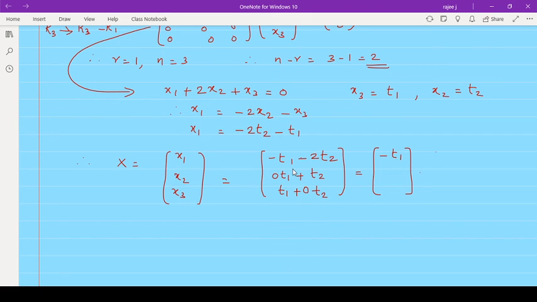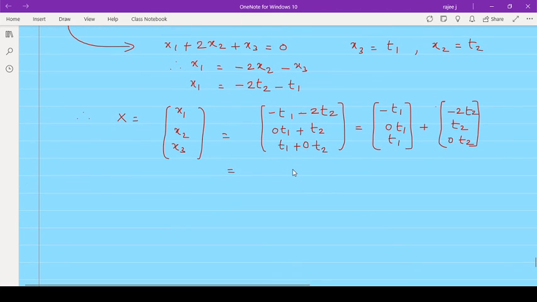So minus t1, 0 t1 and t1, and minus 2t2, 1t2 and 0t2. In short, I take t1 common: minus 1, 0, 1 times t1, plus minus 2, 1, 0 times t2.